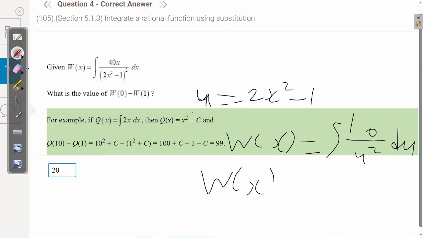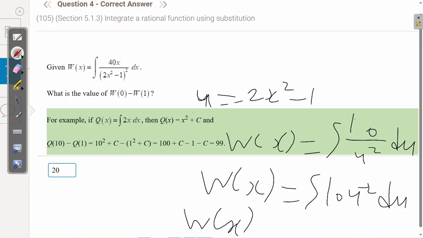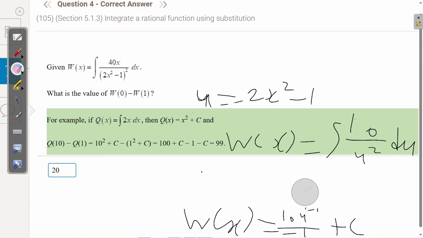It's the same as the integral of 10 u to the power negative 2, right? So when you integrate it, it will be equal to 10 u to the negative 1 over negative 1 plus c, which you can write as negative 10 over u plus c.